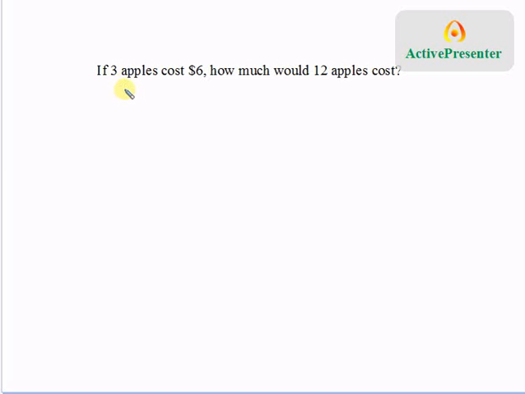The thing about proportions is that there must be a relationship between the numbers that we want to set up the proportion for. We know that there is a relationship between apples and cost. Every 3 apples, we're going to pay $6. That's a kind of a rate there. For every 3 apples, we will pay $6. So 3 apples per $6.